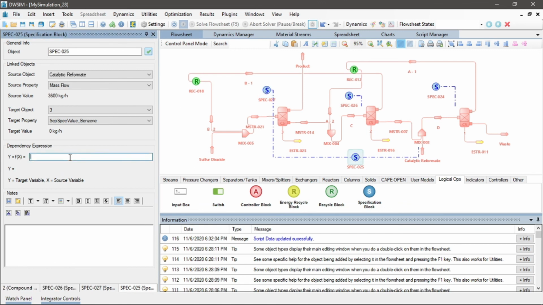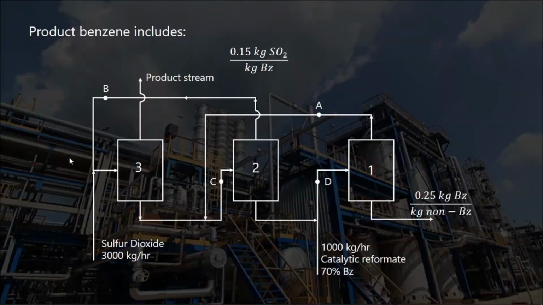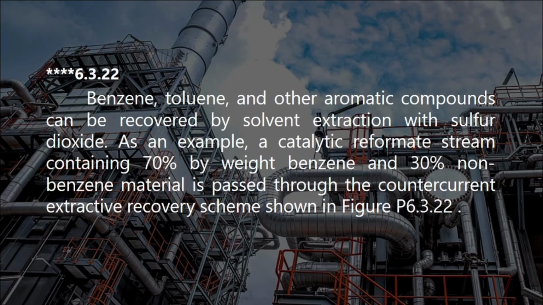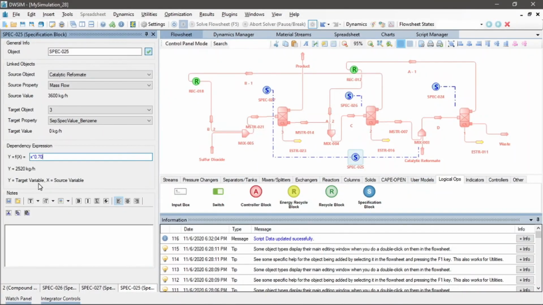So now in spec 2, since we want to know the amount of benzene in the product, and we know that the catalytic reformate consists of 70% by weight benzene and 30% non-benzene, let's input X as our mass flow times 0.70.